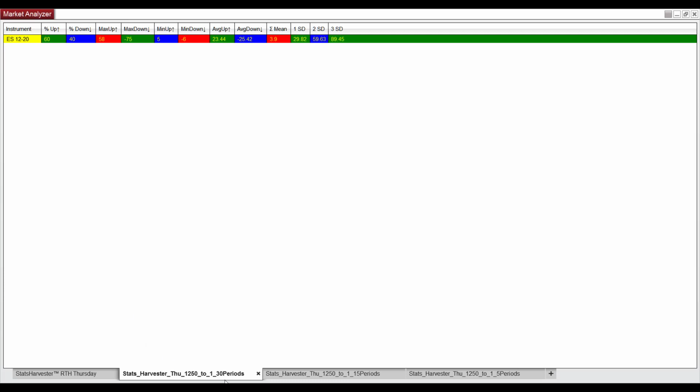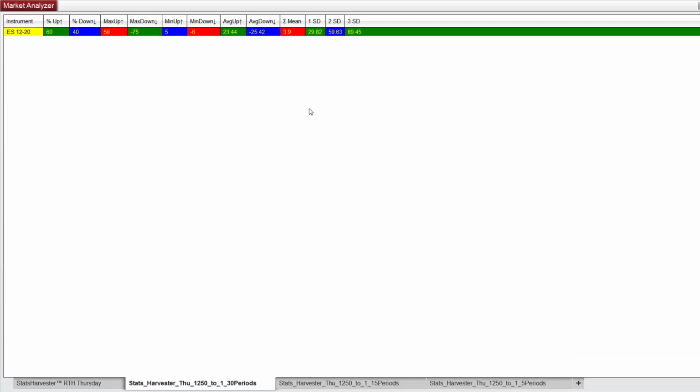Now, the past stats data included in these 3 look-back periods are the 3 levels of filtration I mentioned earlier. And just by quickly glancing at this data, you can clearly see there is consistency in each look-back period. Look at this, 60% for the potential long trade on the 30 look-back period, 60% again on the 15 period look-back, and 60% on the 5-day look-back.